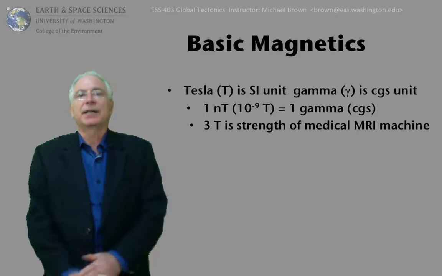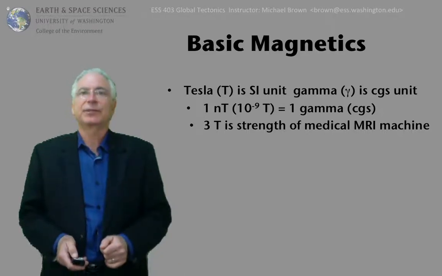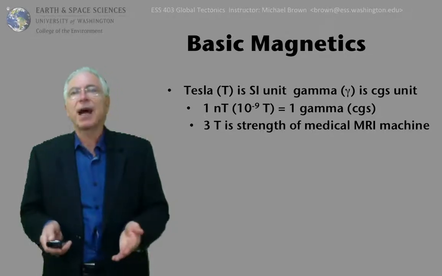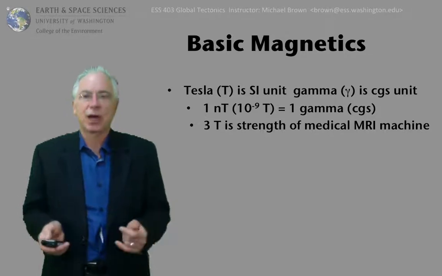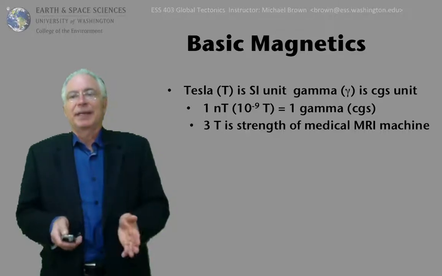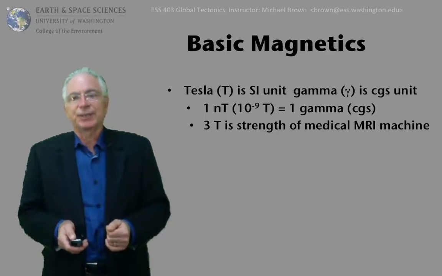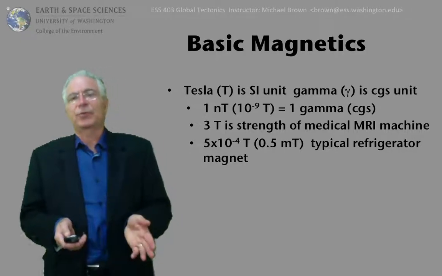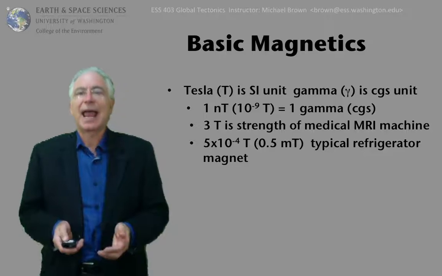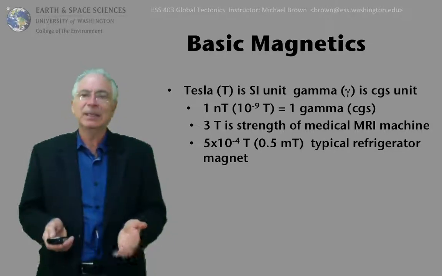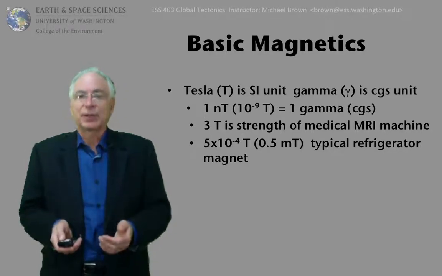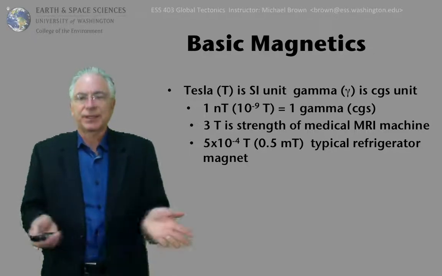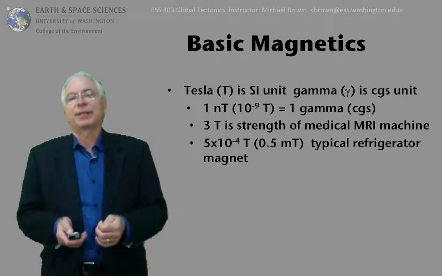Now, to give you an idea of relative strength of magnetic fields, a 3 Tesla magnetic field is extremely strong, and it's the kind of magnetic field that is used in top-end medical magnetic resonance imaging machines. However, the kind of magnetic field associated with a refrigerator magnet is much less. It's a half of a millitesla, and a millitesla would be a thousandth of a Tesla. So 5 times 10 to the minus 4 Tesla is a refrigerator magnet strength.